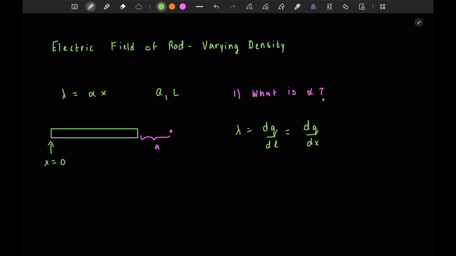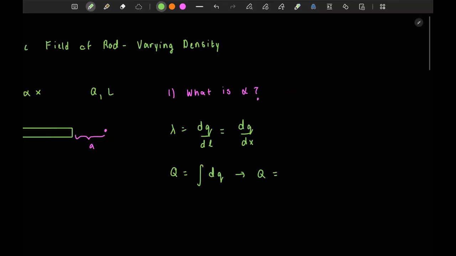Therefore, if I have a total charge of q, remember that capital Q is simply the integral of dq. And therefore, I can say capital Q must equal the integral.